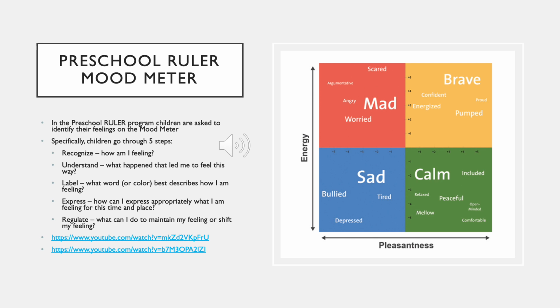And so there's 2 great videos here that talk about the mood meter. And the first one is specifically related to the preschool ruler, the original concept and idea behind it.